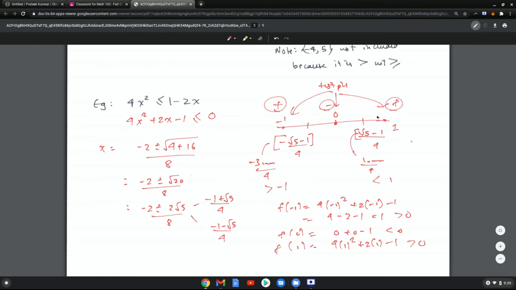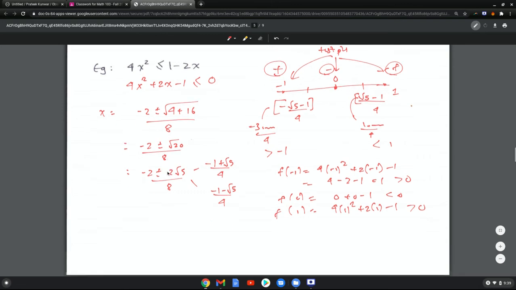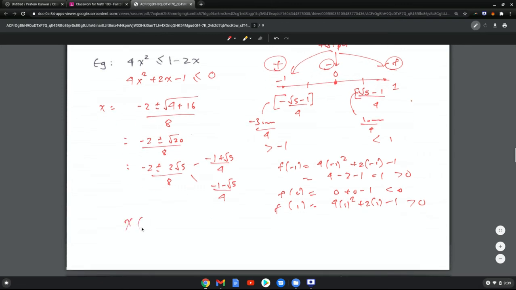Again, as expected, if things are done correctly, for the quadratic case, the signs should alternate between positive and negative. Now we want the negative version, and there is an equality sign, which means that in this case, we will also include the endpoints. So x belongs between negative root 5 minus 1 over 4 and root 5 minus 1 over 4. All values in between are negative. That's the solution set.